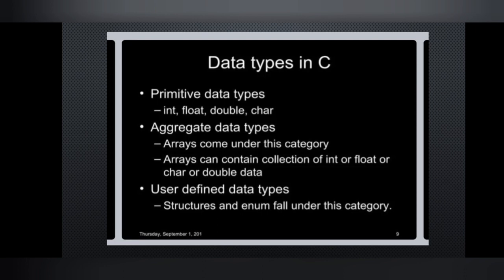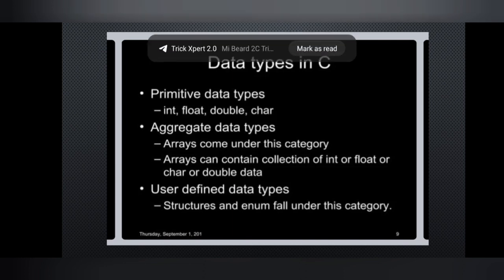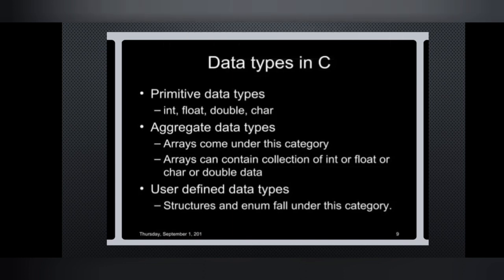And here we come to the data types of C. So what are basically data types? Data types are the types in which the data, such as integers, are defined. Primitive data types are int, float, double and char.